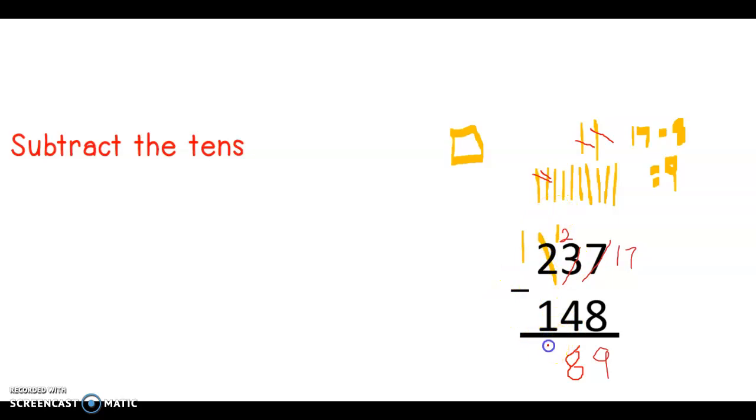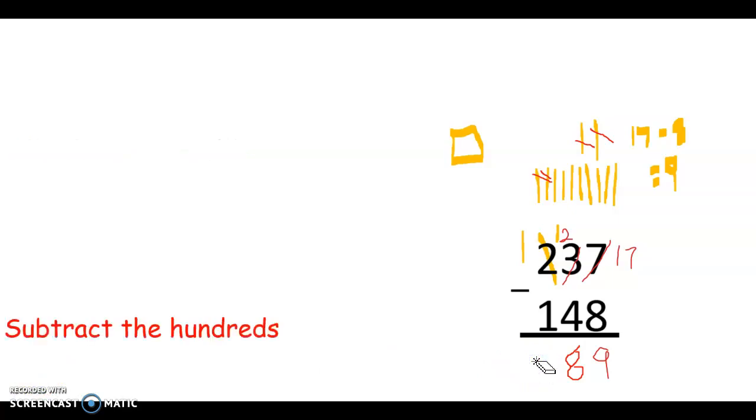So once again, this 0 we don't need to put there because it's still 89 with or without that 0. So 237 minus 148 gives me a difference of 89.